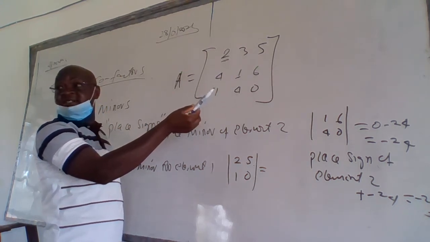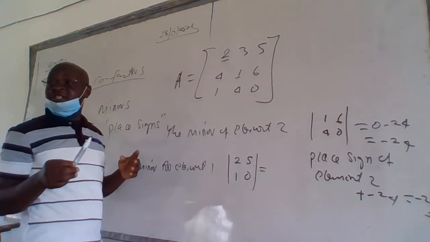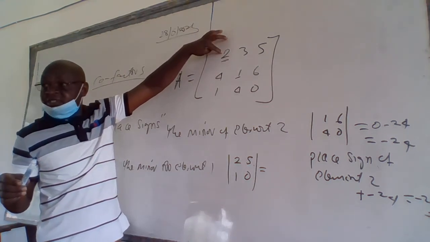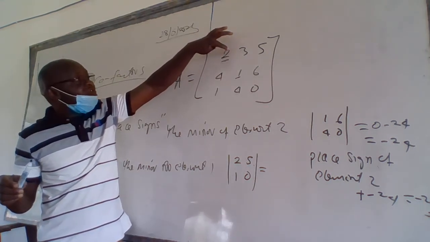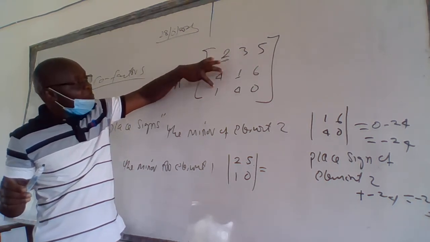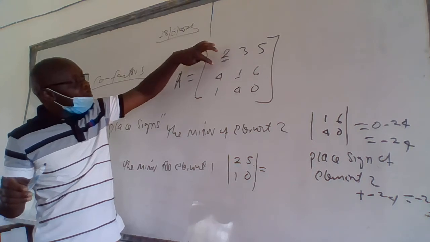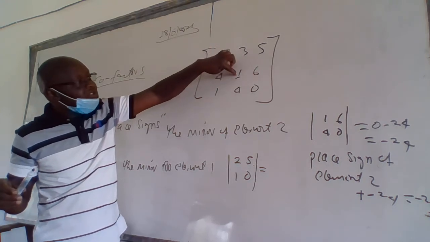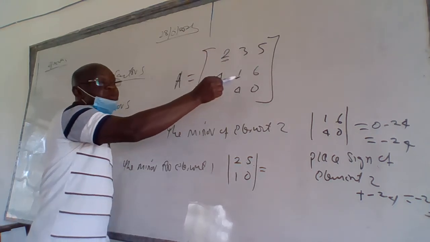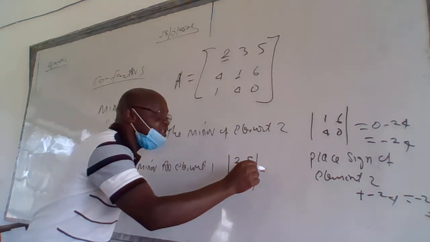Remember the alternate. I said if you want to get the place sign, we start with this value. This is positive. So positive, negative, positive, they will alternate like that. So the starting point is there. So the place sign is positive.